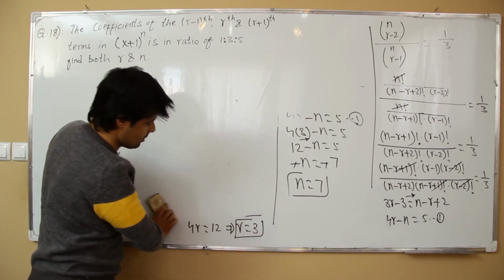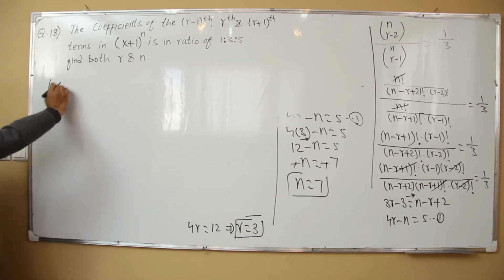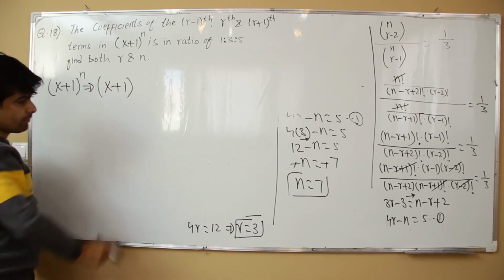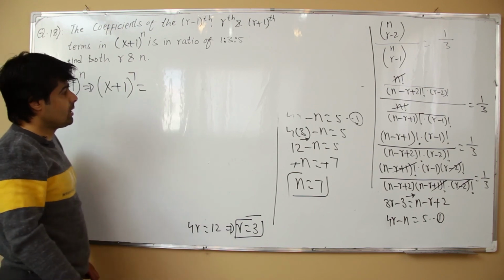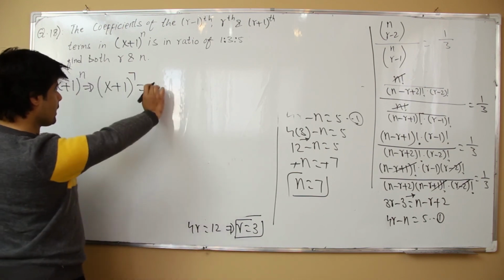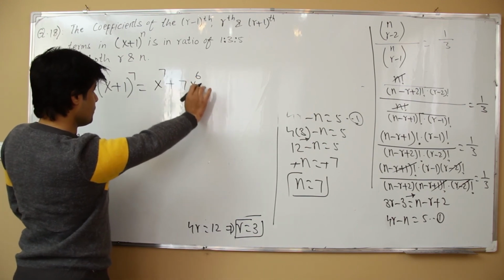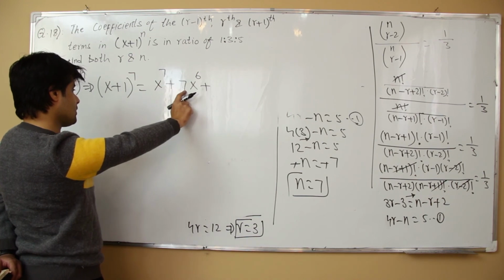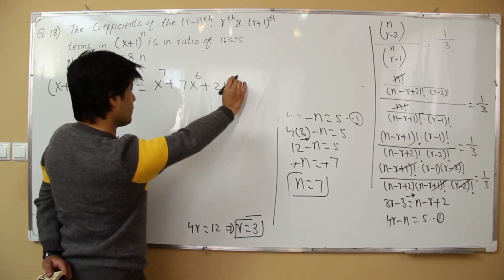What do I mean? I mean that in this binomial x plus 1 raised to the power n, if you put 7 instead of n, now what is the expansion of this one? x to the power 7 plus 7x to the power 6, plus 6 times this one divided by 2. 6 times this one is 42. 42 divided by 2, it's 21 x to the power 5.